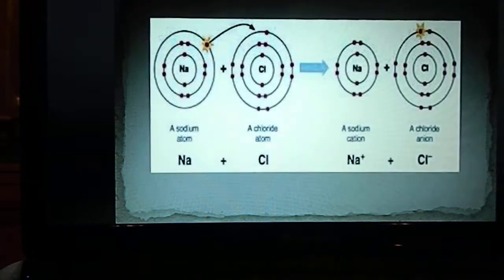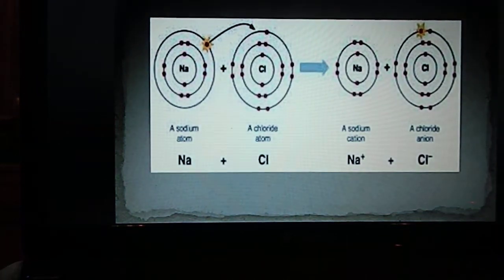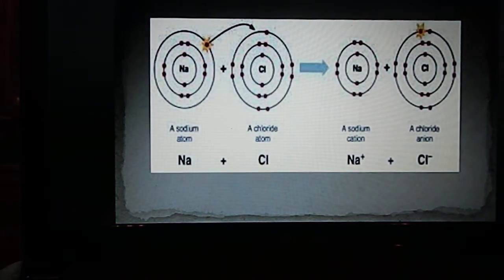And here's a diagram between sodium and chlorine. All right, sodium has an atomic number of 11. Chlorine has an atomic number of 17. Right, and so in order to get a full complement for chlorine, all it needs is one electron in its outer shell.